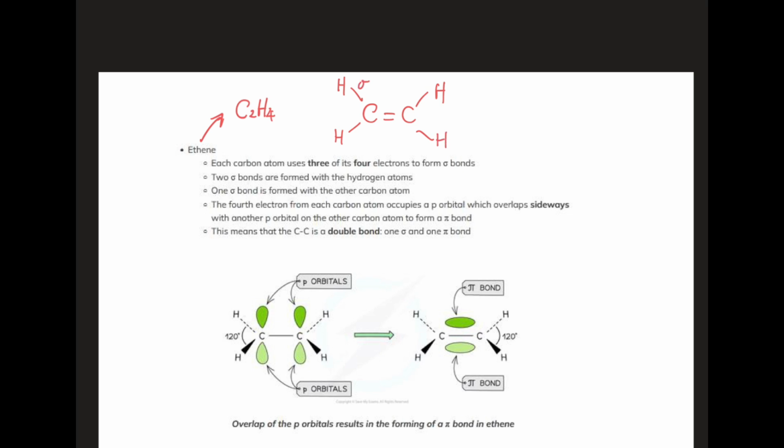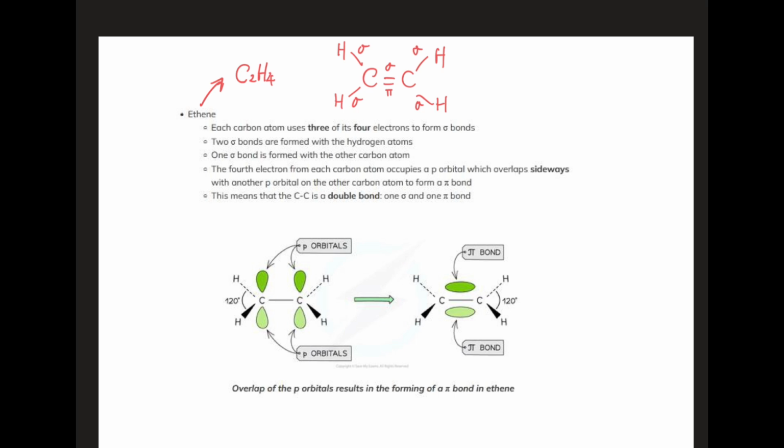And you have to know that single bonds are sigma bonds. A double bond is where you have one sigma and one pi. Okay, so now let's see. Each carbon atom uses 3 of its 4 electrons to form sigma bonds. So 1 sigma, 2 sigma, and 3 sigma.